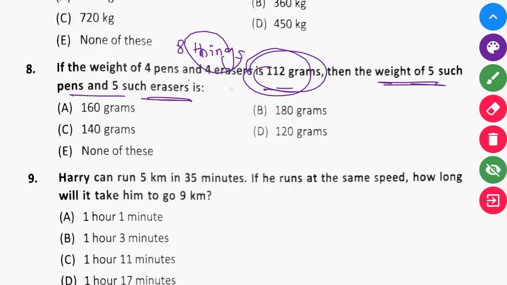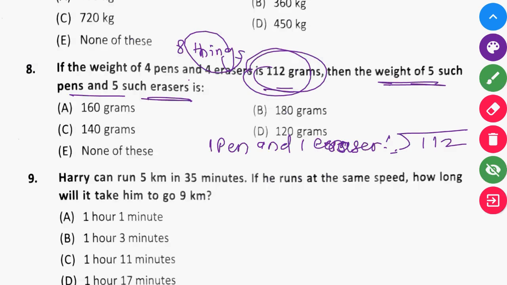So here we have to again find the weight of one pen and one eraser from the weight of 4 pens and 4 erasers. So 4 pens and 4 erasers weigh 112 grams.